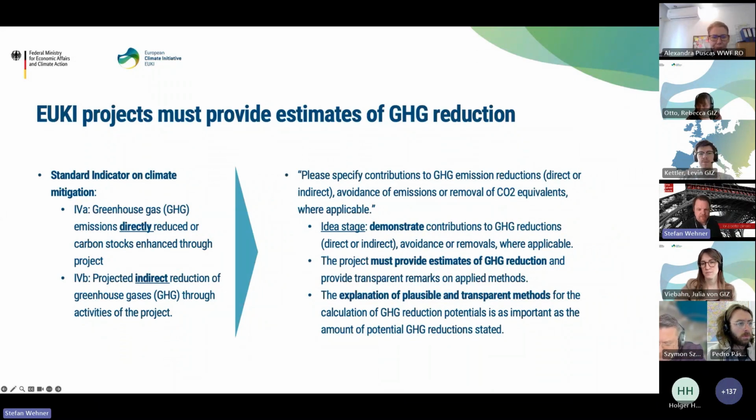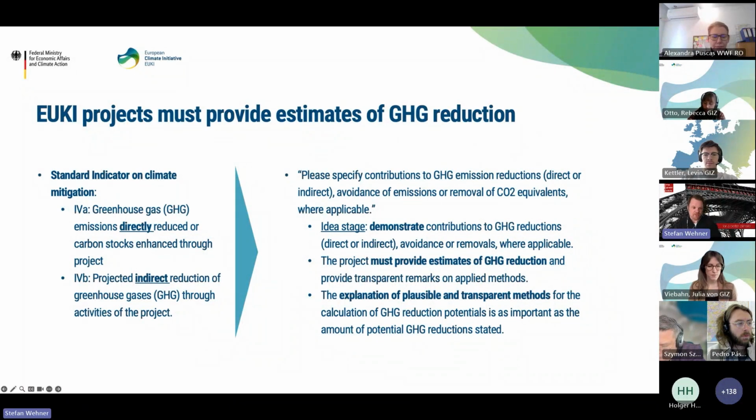But for full projects later, ideally these are also quantified and underlined with some assumptions if you don't have direct data, but at least a plausible estimation and a clear explanation of your mitigation potential that you foresee for the future or what you have achieved during your project implementation.